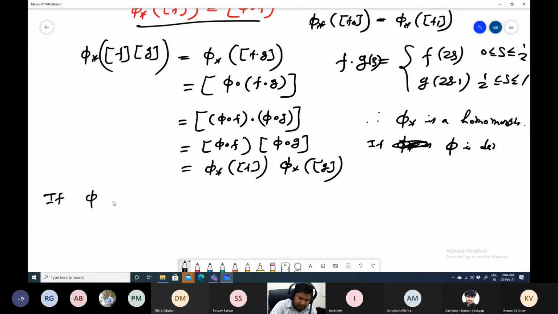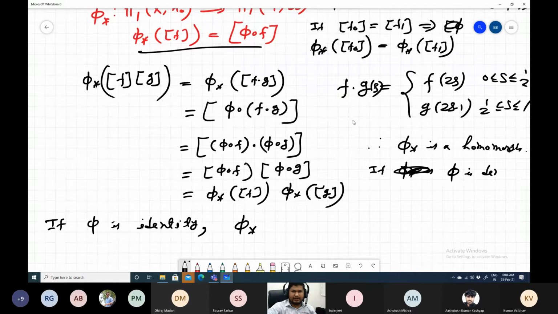Now if phi is identity, what will be phi star? Can you say that it is also identity? Yes, it is also identity, by the construction.